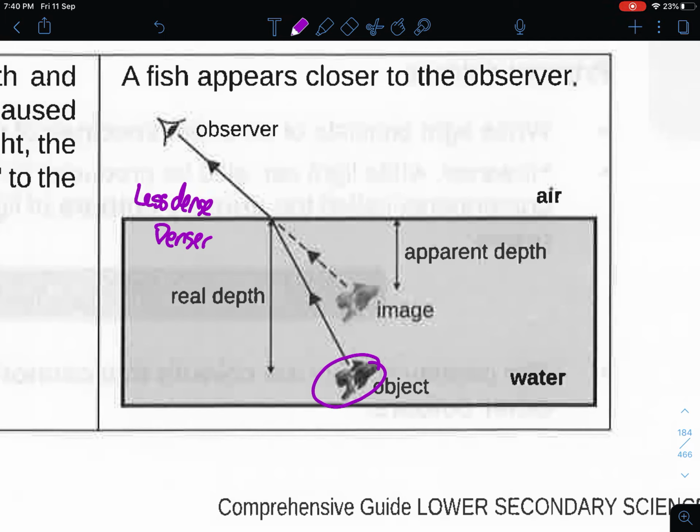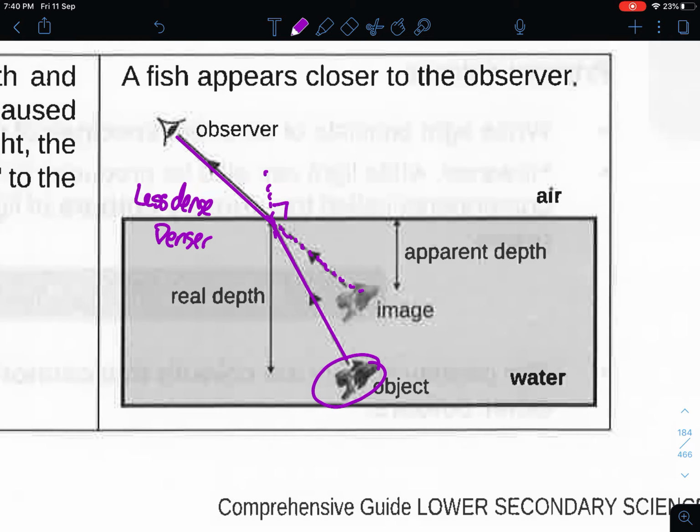So this light ray will result in a bending of light. It will bend away from the normal. The normal is over here. And the image is formed through the straight line of the refracted ray. That's why the image will always appear above the object.